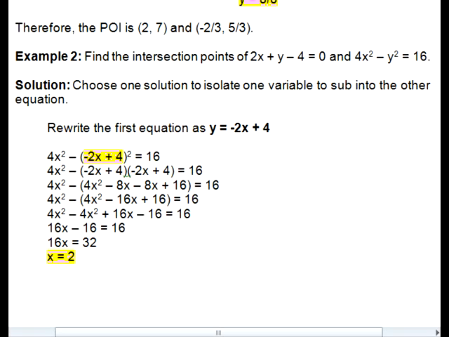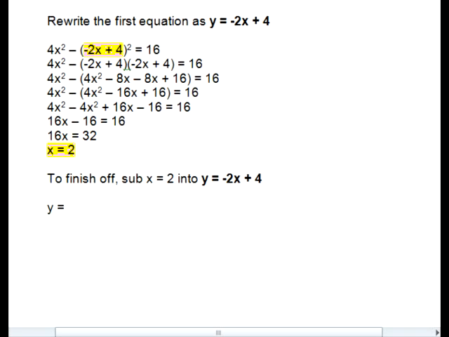Okay, so to finish off now, sub x equals 2 into, I'm definitely going to sub into this equation. You can sub into any one you want, but this is complicated up here at the top. This one is super duper complicated. This one is much nicer. Alright, so I'm going to sub into that one. So I'm going to say y equals negative 2 times 2 plus 4.